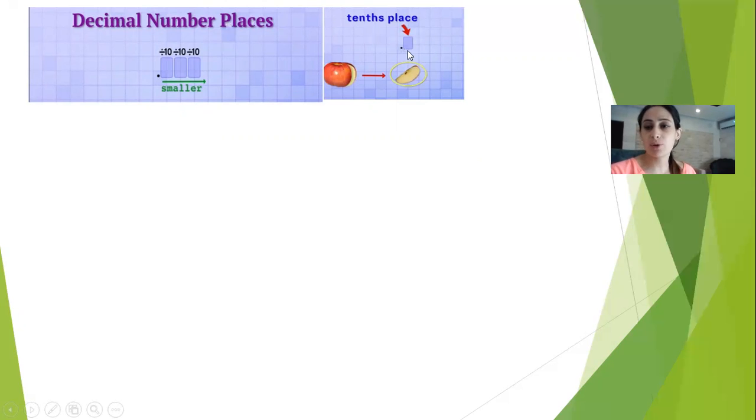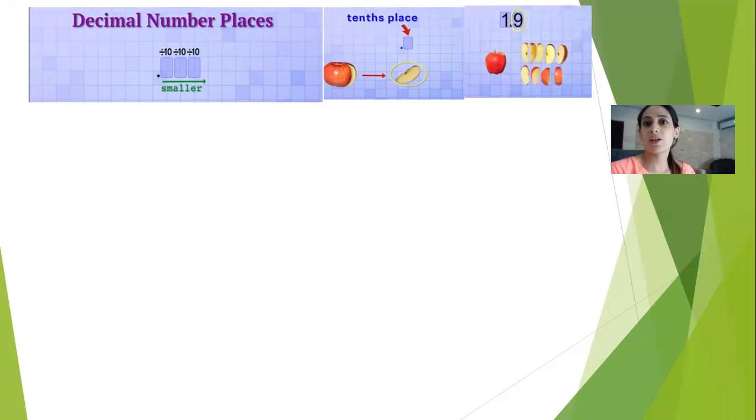The first number that comes to the right side of the point, we call it the tenths. For example, in this picture, if you look carefully at the whole part, we have one whole apple. So at the left side, I write number 1 since we have a whole apple. Whereas on the right side, beside the point, is the tenths place.